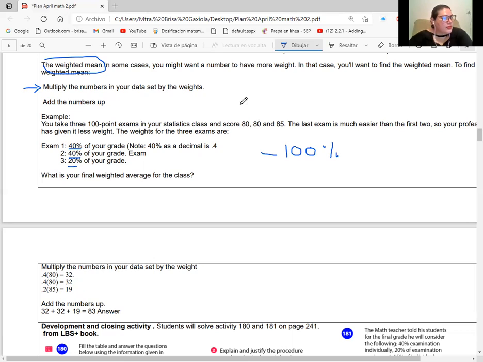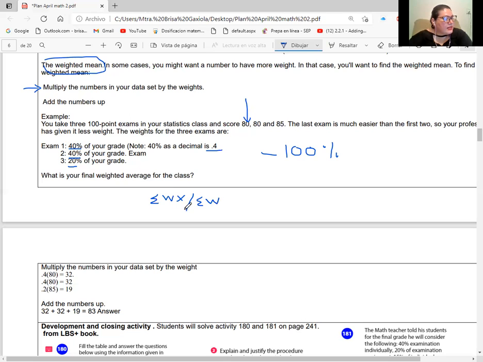Okay, so this is the grade for the first exam, 80. And remember, the first one is from the total weight only, value 40%. And we know the percentage can be represented with decimals because you divide 40 over 100 and you get the decimal. So the formula, remember the formula? It was the summatory of the weight times the value of the data set divided by the summatory of the weights.